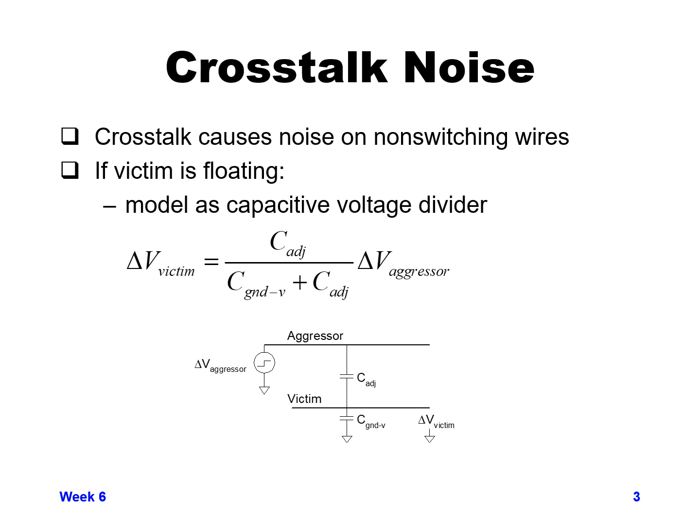You take the capacitance between the aggressor and victim as the C adjacent and divide that by the C ground of the victim wire plus C adjacent, and the amount that the victim wire is going to change is that capacitive voltage divider times the amount of voltage that your aggressor is changing by. That's a fairly standard thing that we do in RC circuits all the time, a capacitive voltage divider.